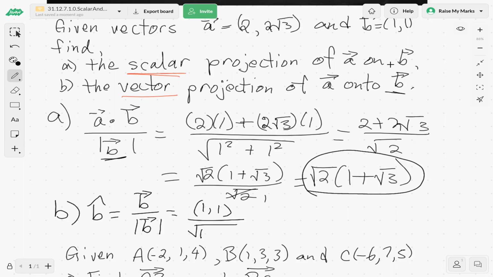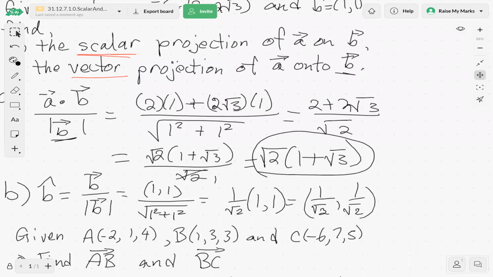The square root of 1 squared plus 1 squared. So our unit vector is actually this, or let's write it out. There, that's our unit vector.